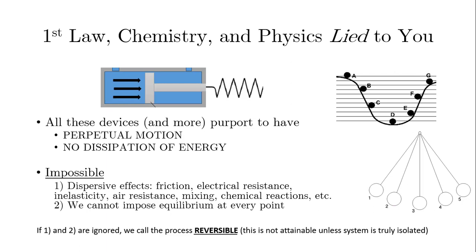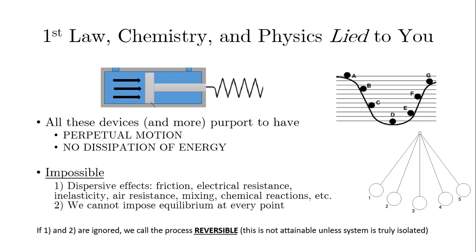If they didn't lie to you, then you could say, let's say I have this piston device up top of the blue thing here. If I expand the gas in there, and the piston pushes on this spring on the right, it will compress the spring, which will hold on to all that energy that just got expanded.